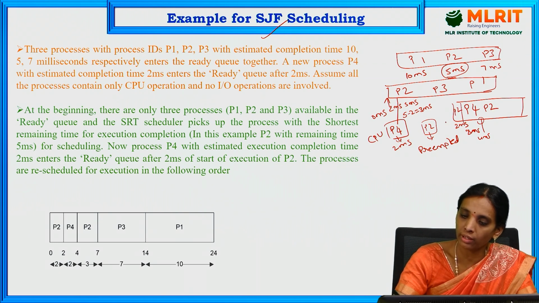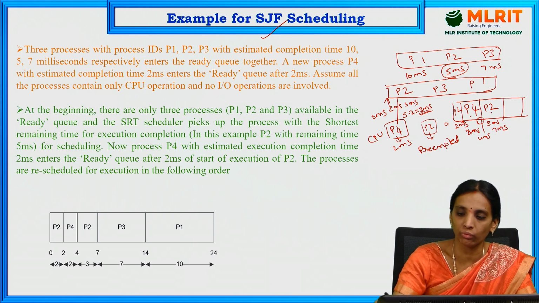So P2 started at 0, at 2 milliseconds P4 enters, and at 4 milliseconds P4 completes its execution, and 3 milliseconds is the remaining time for P2. So from 4 milliseconds, after another 3 milliseconds, that is at 7 milliseconds, P2 completes its execution.